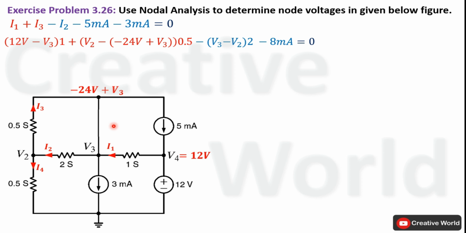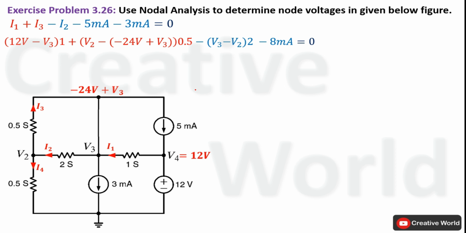Here, if you observe, all the values of resistances are given in the form of Siemens, which is the unit of conductance, and it is the opposite of resistance. So we can say that the reciprocal of resistance is equal to conductance and its unit is Siemens.